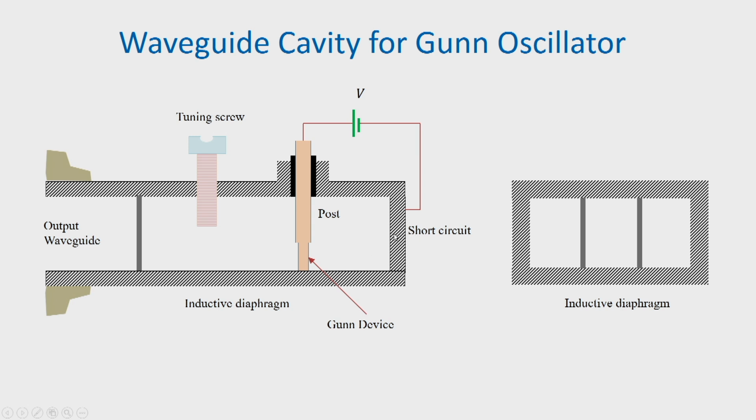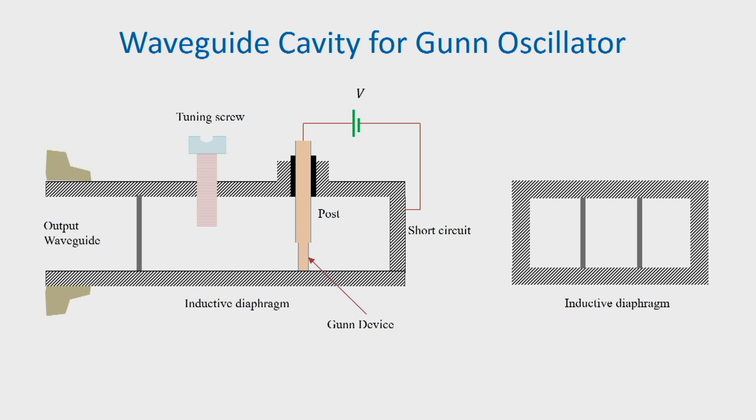We have a short circuit end which can be made movable for changing the tuning, and also we have an inductive iris present here which couples power to the output waveguide. So, this type of Gunn oscillators are very popular and extensively used in laboratories.